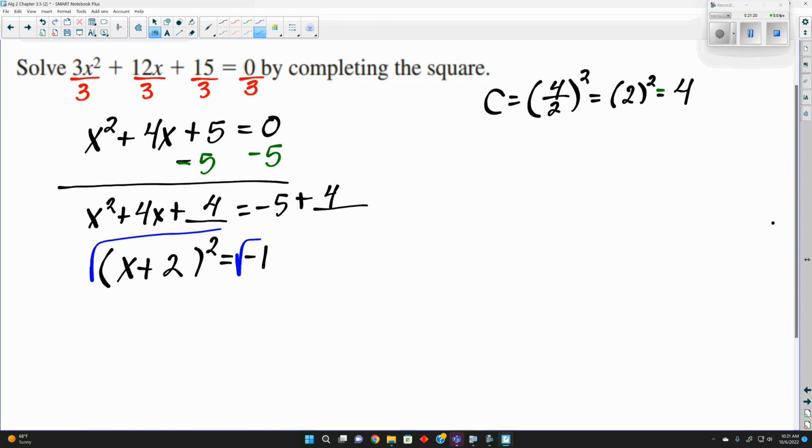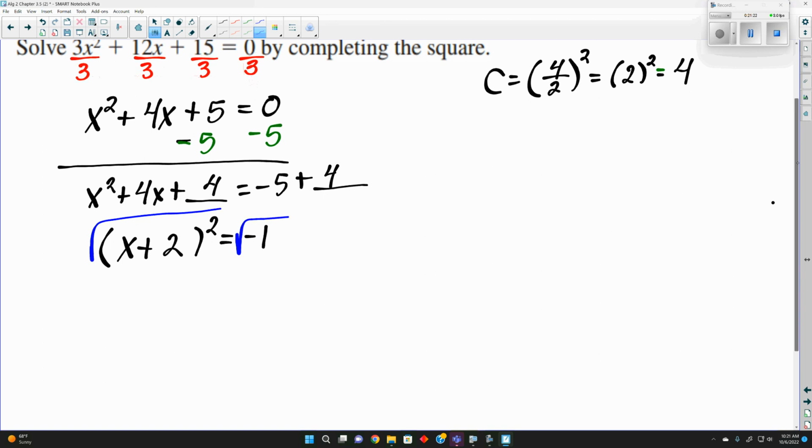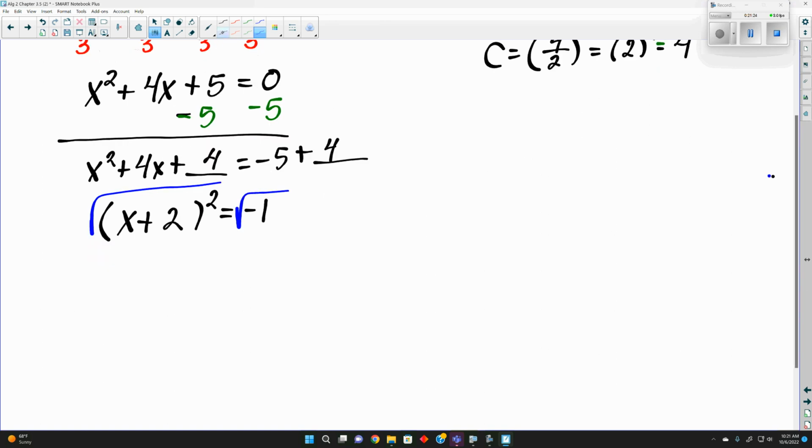Square root both sides. Here the square root and square would cancel, telling us that we have x plus 2 is equal to plus or minus the square root of negative 1, which is 1i, or just i.